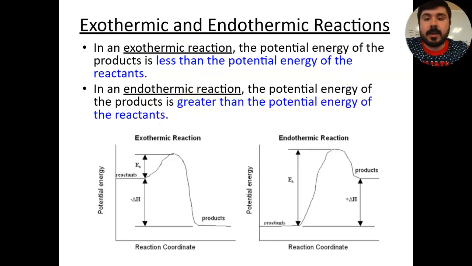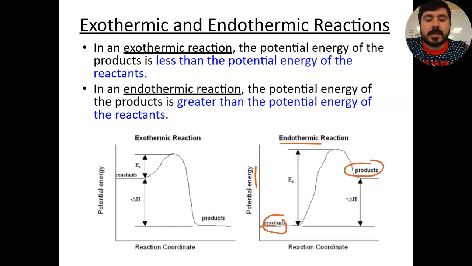Well, if I continue down that road and talk about an endothermic reaction, it's going to be the opposite, right? The potential energy of the products is then going to be greater than the potential energy of the reactants, right? So if we're looking at the right-hand side picture now, the endothermic reaction here, the reactants on the left-hand side have a much lower energy than our products on the right-hand side of this curve.